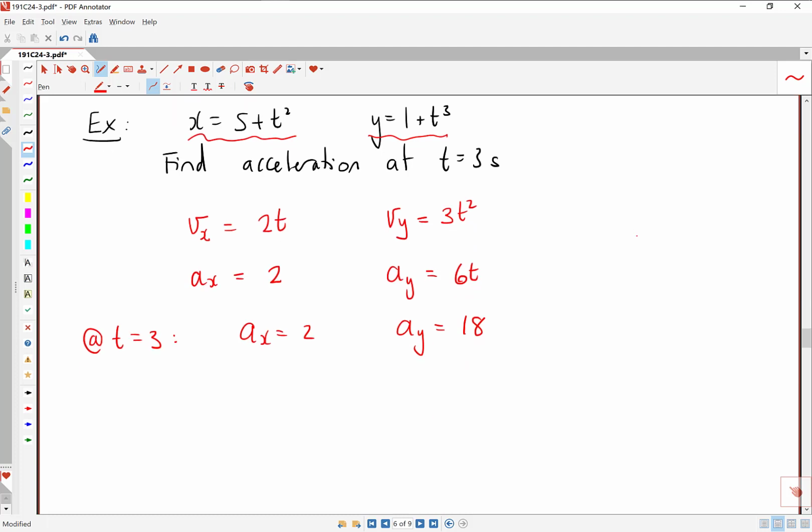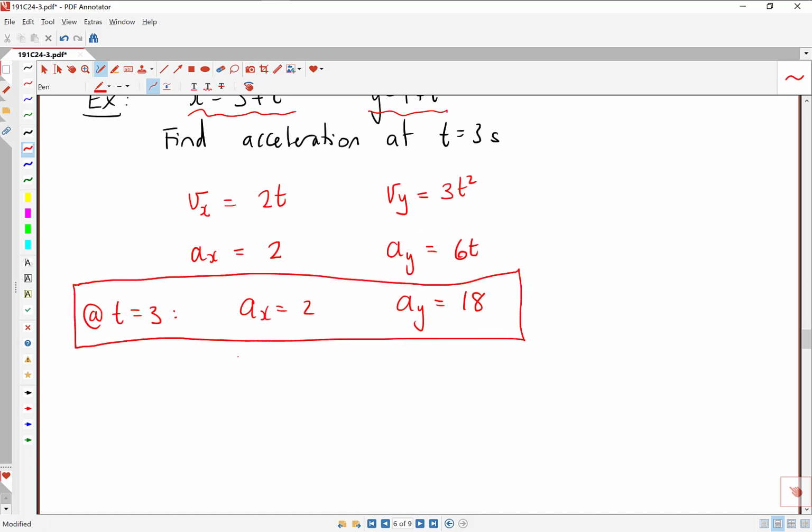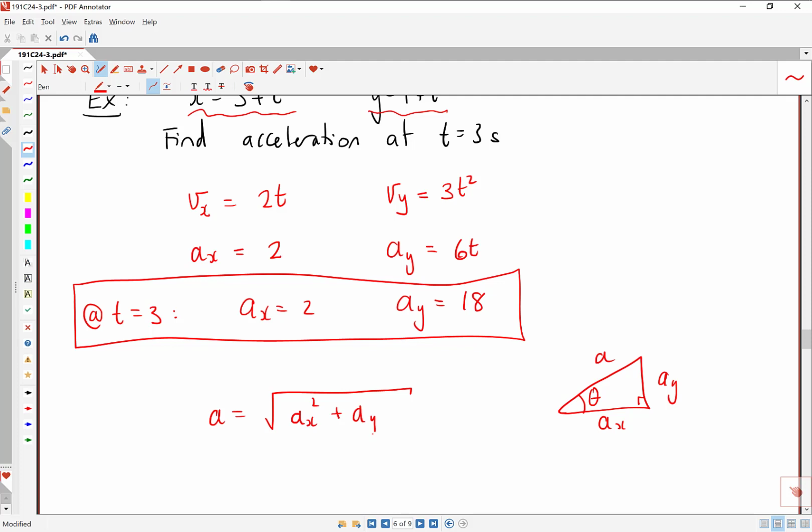Great, so once we've got those two numbers, if we like, we can highlight them because we're going to use them twice in what's coming up here. We can draw our special triangle if we like. So let's say we know our a sub x and our a sub y. We're going to figure out a and we're going to figure out theta. Okay, so let's find a. According to the Pythagorean theorem, we're going to go square root of a sub x squared plus a sub y squared.